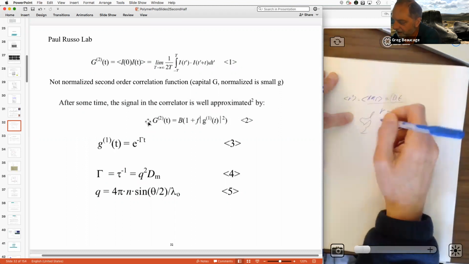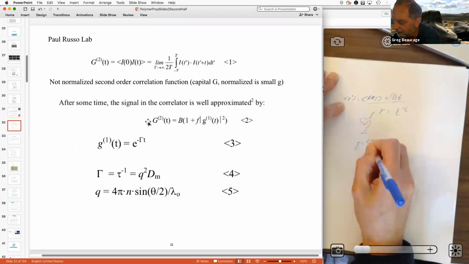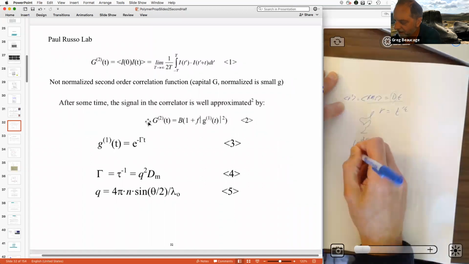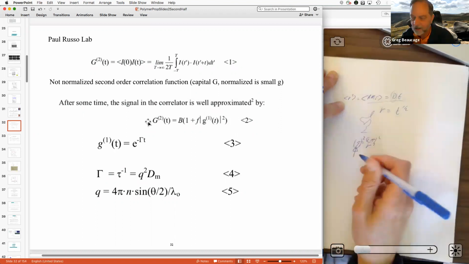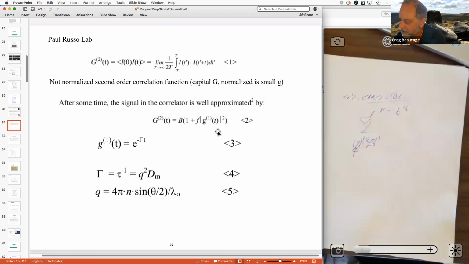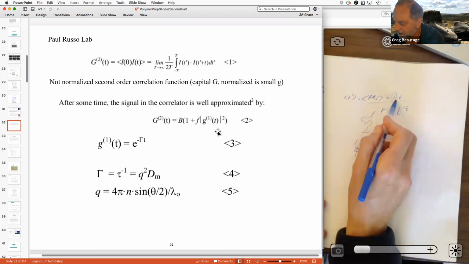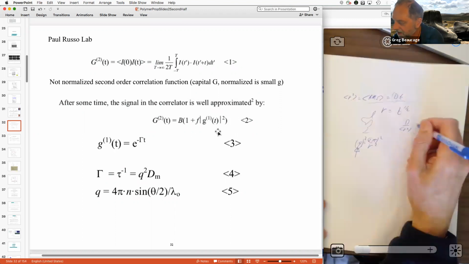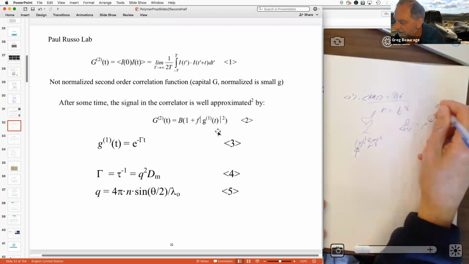Or if we're looking at q equals 2 pi over r, then if you say r squared, everything's squared, and you're looking at q squared because you're doing a scattering experiment, right? So this r squared goes with the diffusion coefficient. It's going to be like D over r squared, and r squared is inverse to q, so it's going to be q squared D. So that 2 means Brownian motion. If it's not 2, then it's not Brownian motion.